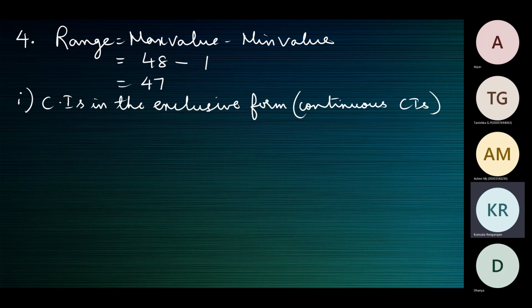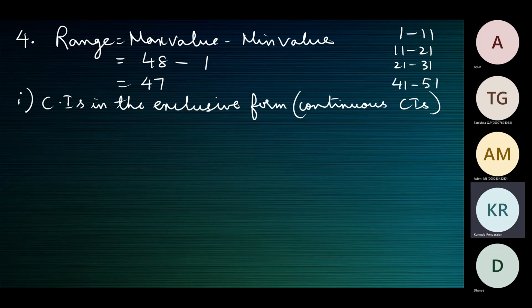See, the smallest value is 1. So you can create class intervals like 1 to 11, 11 to 21, 21 to 31, and so on, till you create the class interval to include 47. So the last class interval will be 41 to 51. Or you can even start from 0, 0 to 10, 10 to 20. Both are correct.